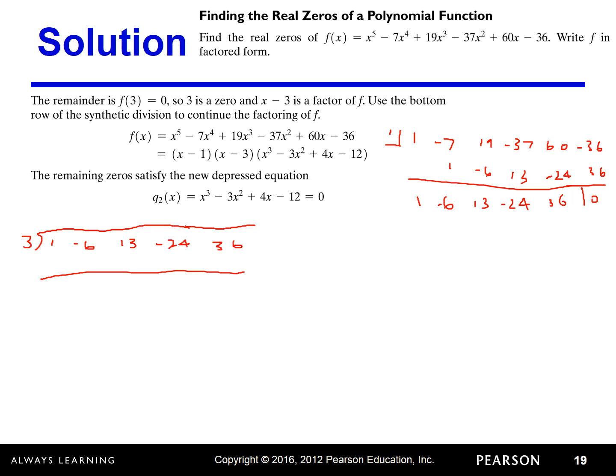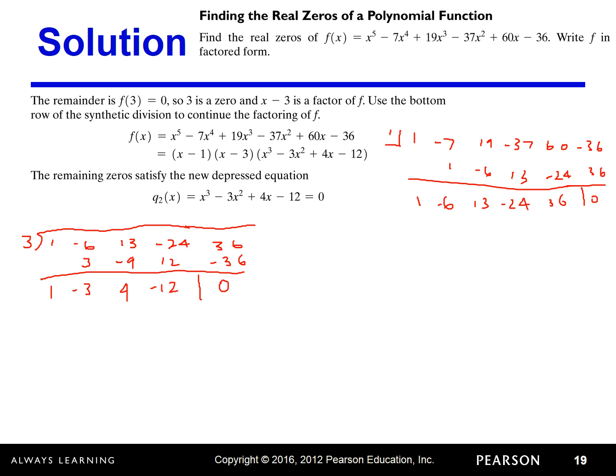We totally suspect it because of what we saw in the graph, but you know, who knows? So we got to verify it algebraically because this is math class. Bring down the first thing. Multiply and add. Multiply and add. So 3 is a 0.